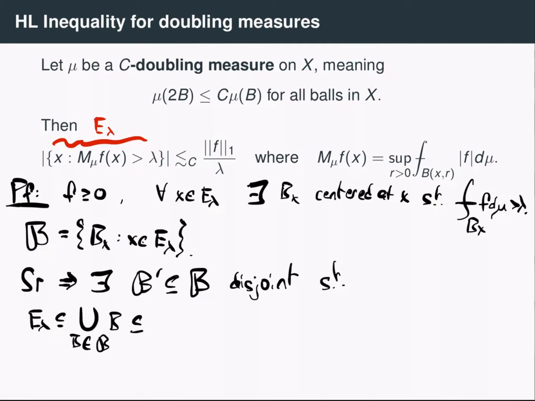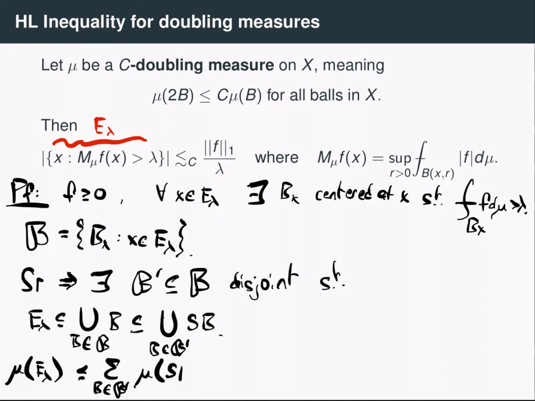And by the 5R covering lemma, this union is contained in the union over 5 times the balls in B prime. So now we can estimate the measure of E lambda. The mu measure of E lambda, by subadditivity, is at most the sum over balls in curly B prime of the measure of 5b.